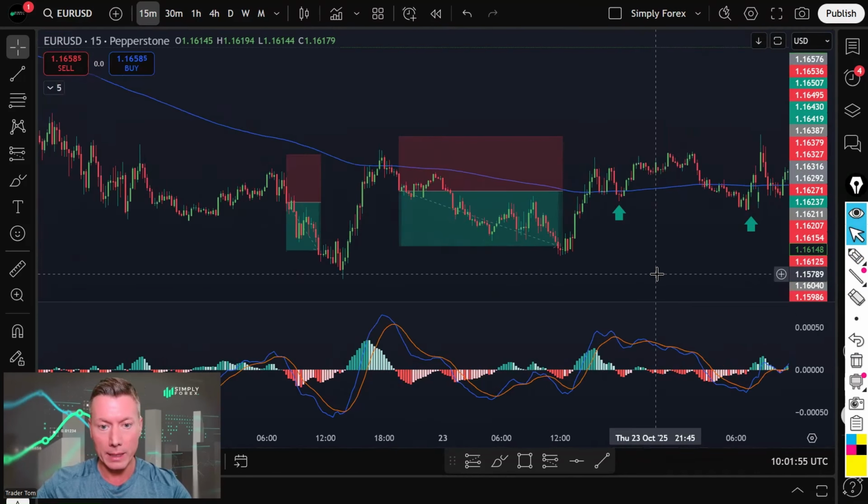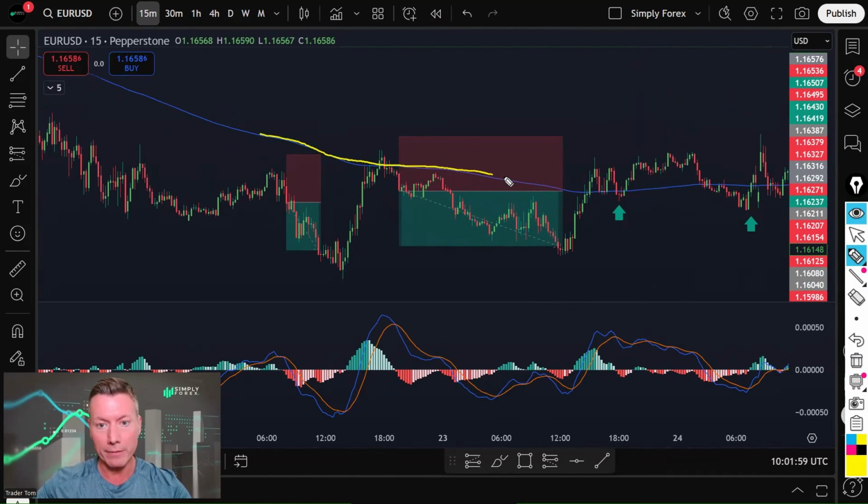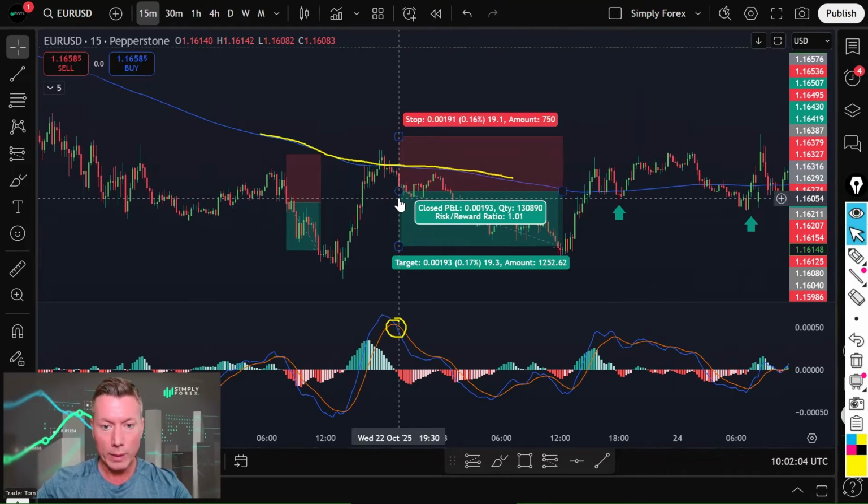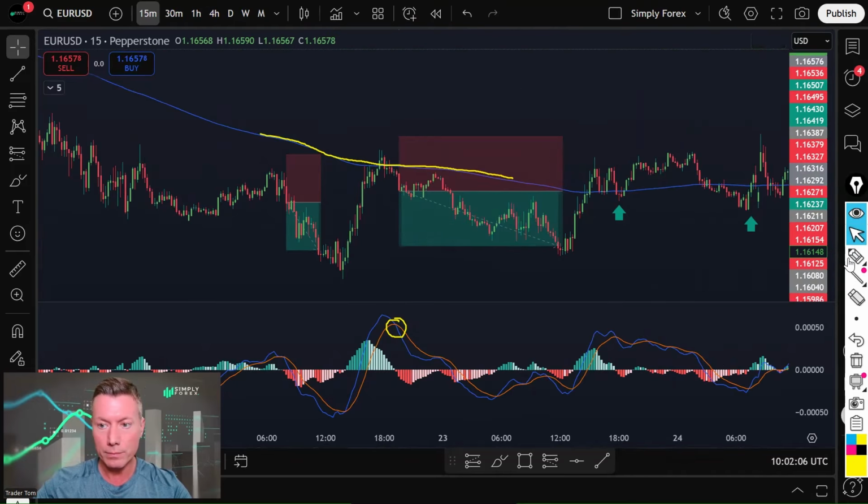Okay, now again, we're below the exponential moving average 200, right? We get our crossover right here. We actually get it on this candle right here, and that's clearly below the exponential moving average. And then we take profit. Start selling here, stop 5 pips above that high, and we take 1:1.